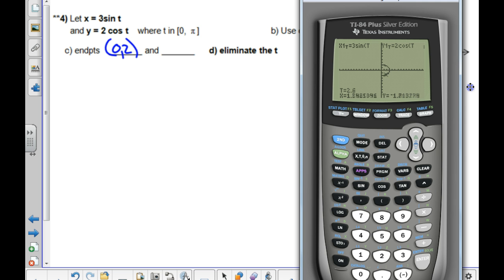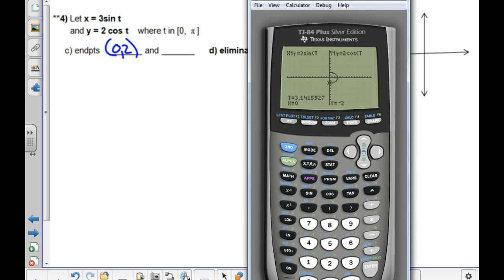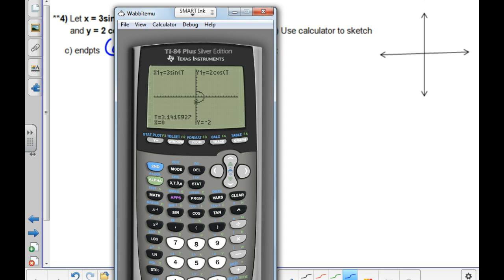Nope. If we keep tracing till we get to pi, which isn't going to happen until I type trace pi. And then I get 0, -2. Okay, it's kind of tiny on mine, but it goes from 2 to -2, but here it went over to 3.